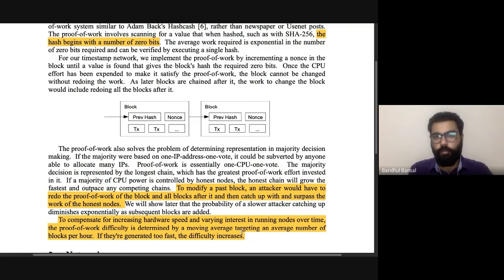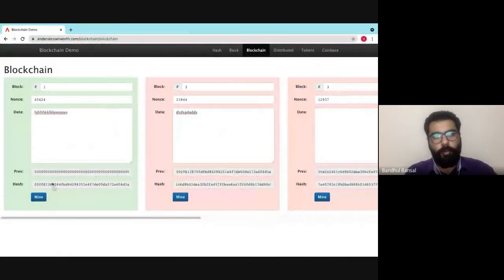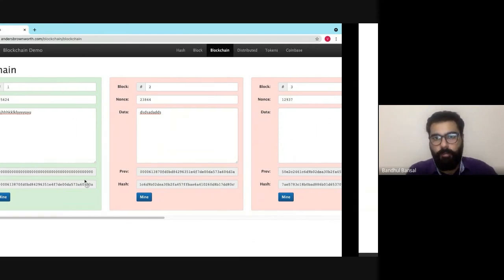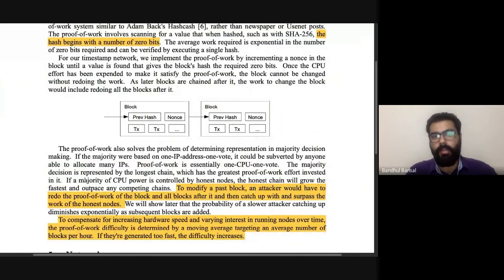As I already told you guys, if the number of zeros when you mined a block is more, the difficulty of the block is more. So the difficulty keeps on changing so as to keep the block duration under a specific period of time. That is all we'll discuss right now about mining.